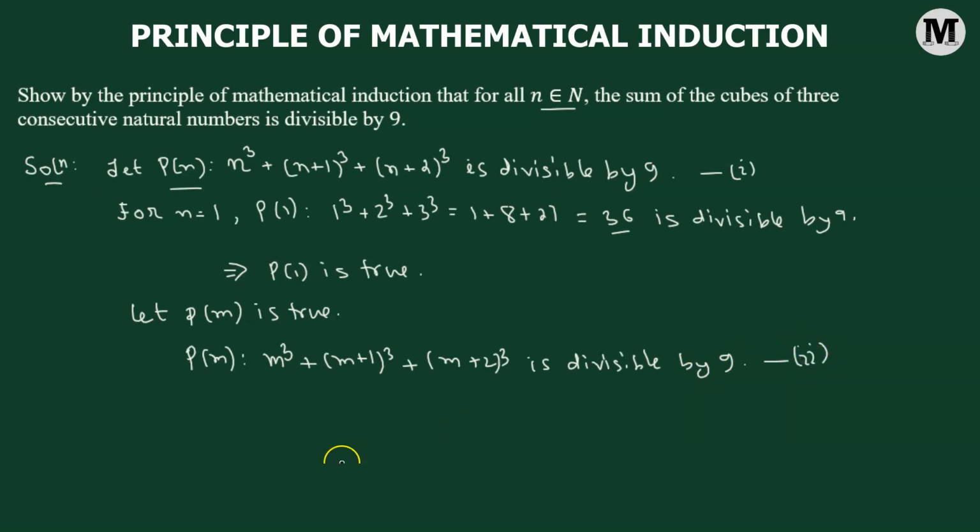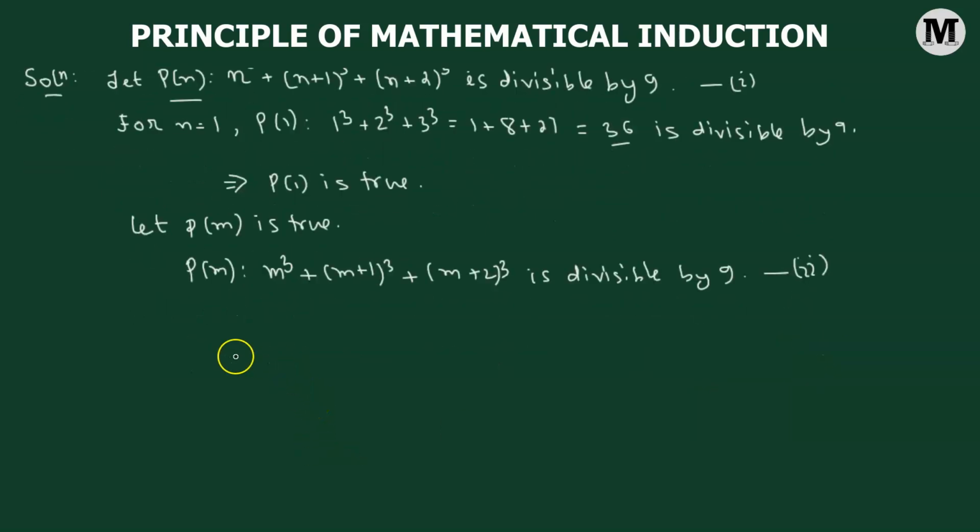Now our goal will be to check if the next consecutive natural number, if we choose it, is true as well. That means we need to show that P of m plus 1 is also a true statement. Now how do we show that P of m plus 1 is a true statement?